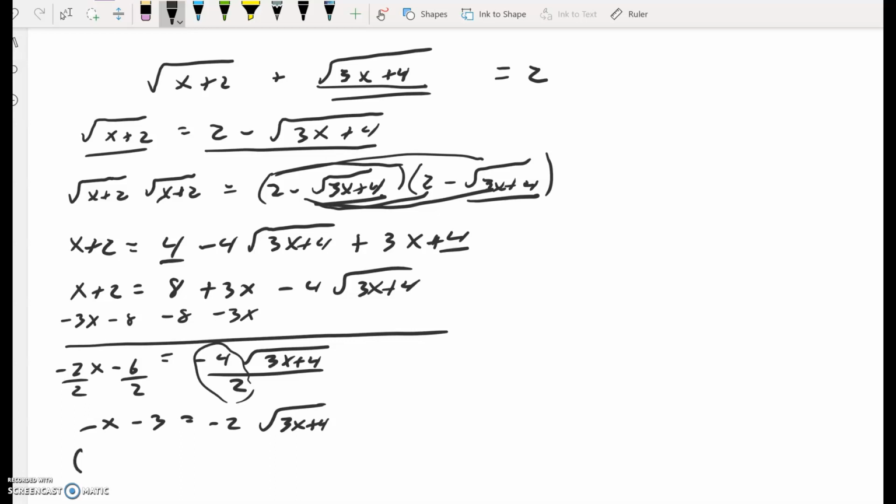So I'm going to multiply this side times itself, not because I want to, but I need to get rid of this square root on the right hand side, so I guess I should put a square in.